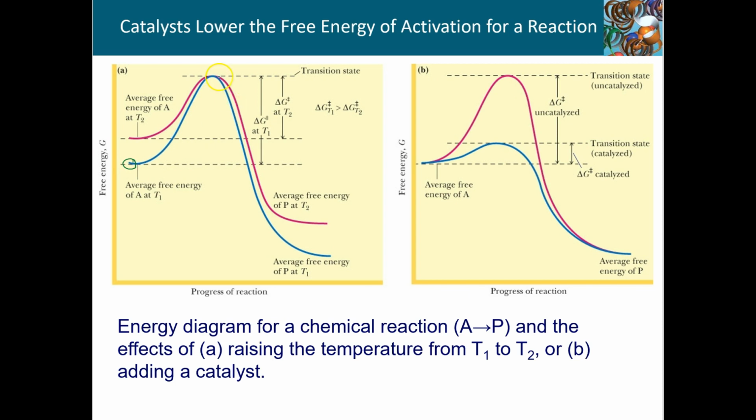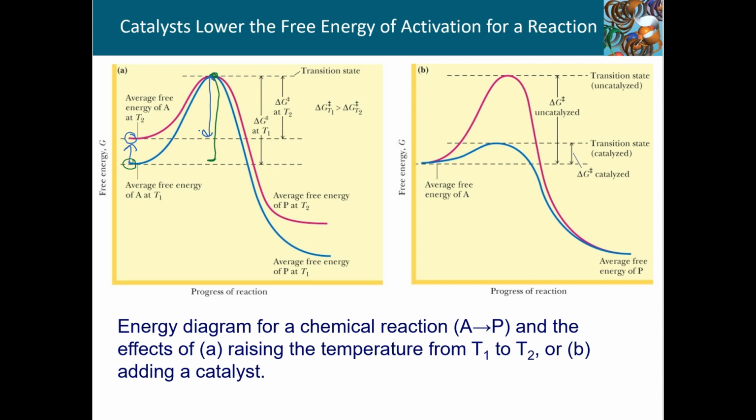You'll see that we have a fixed degree of energy that is essential to move to the transition state, and at the lower temperature we have a fairly large energetic barrier. Now, if we increase the temperature, we don't change the energy required for the transition state, but we have increased the amount of energy available. So the delta between the starting point and the transition state has gotten smaller, and this increases the rate of reaction.